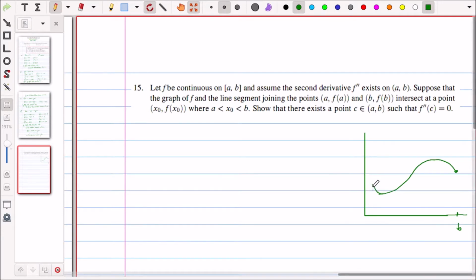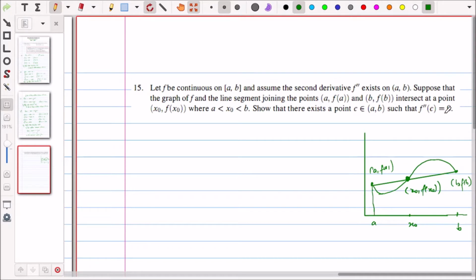This is (a, f(a)), this is (b, f(b)), and this is the line joining (a, f(a)) and (b, f(b)). It intersects the curve at the point (x0, f(x0)). So f(x0) is here. We have to show that there exists some point in the open interval (a, b) such that the double derivative at that point is equal to 0.